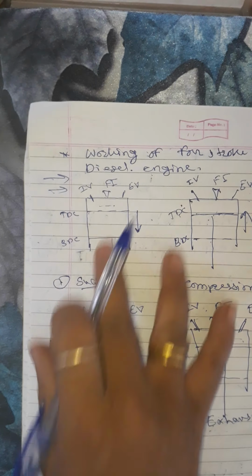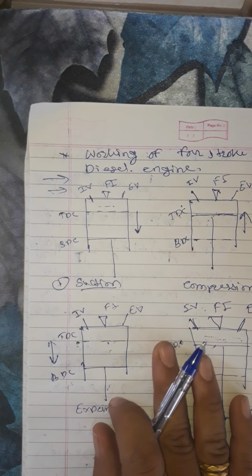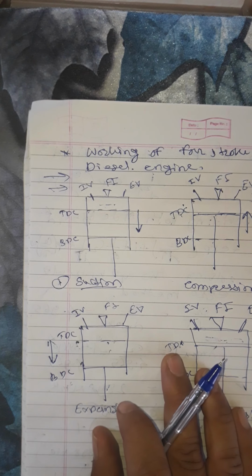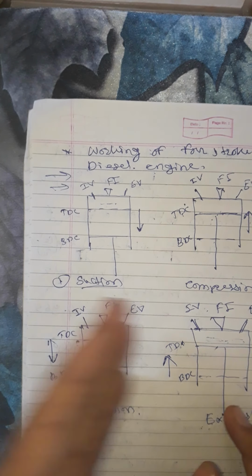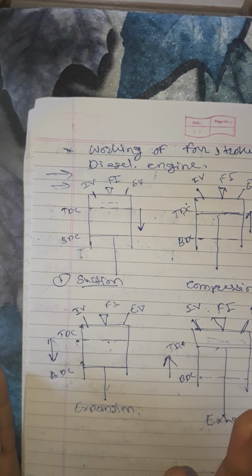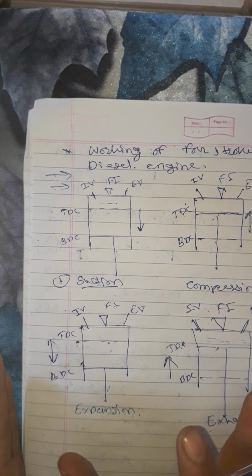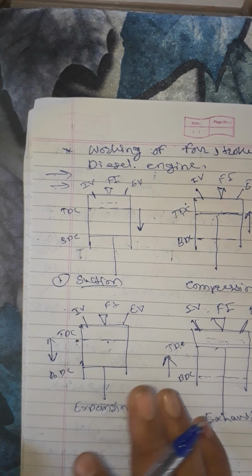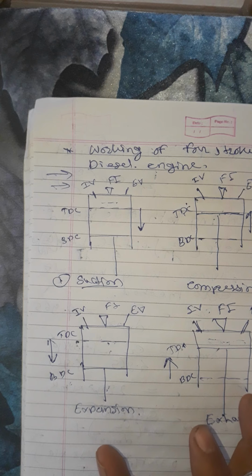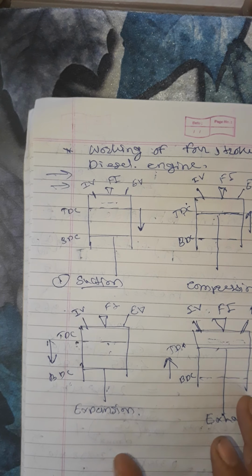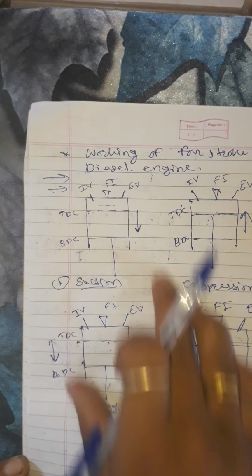When you draw this type of diagram, the examiner will understand what actually happens in a 4-stroke diesel engine. There is no need for more explanation like in your books, so you only have to write.